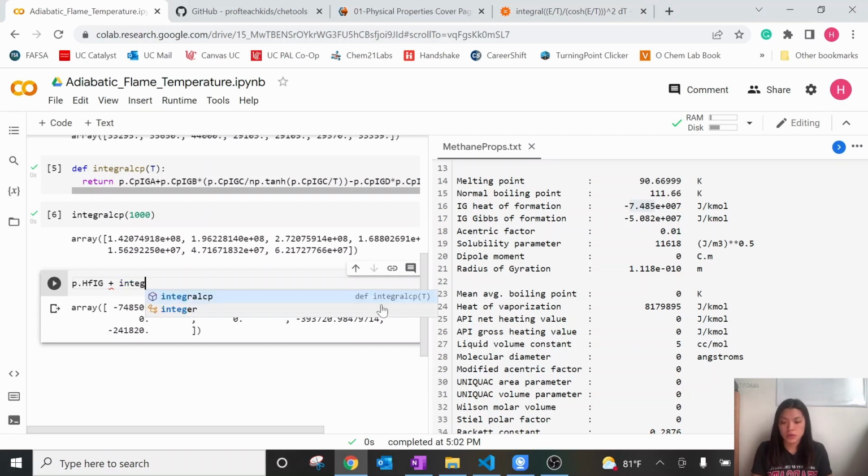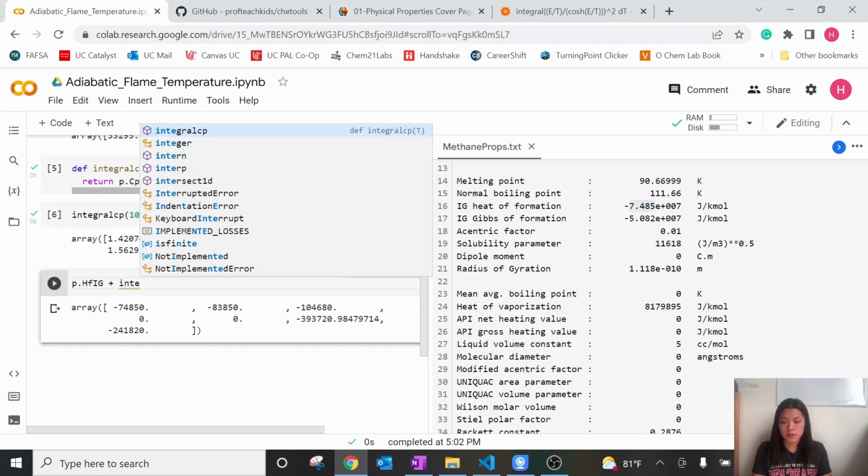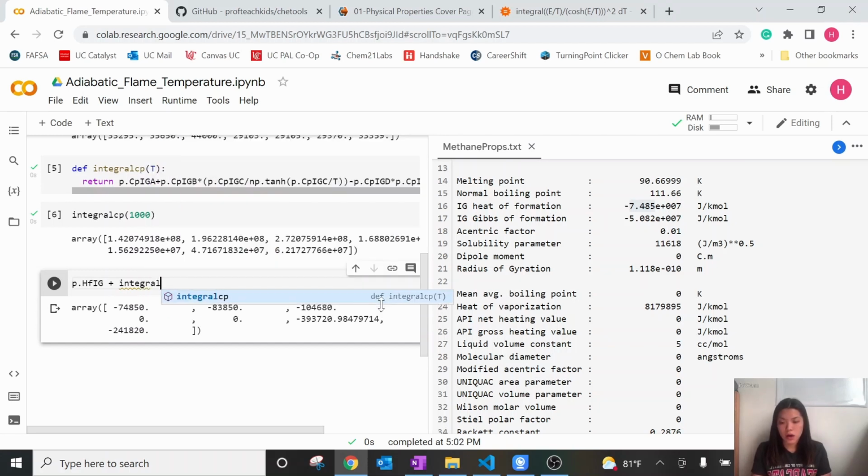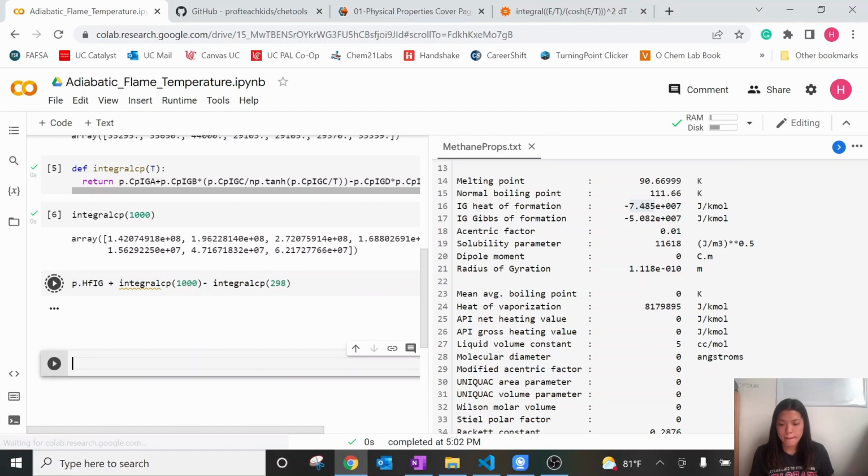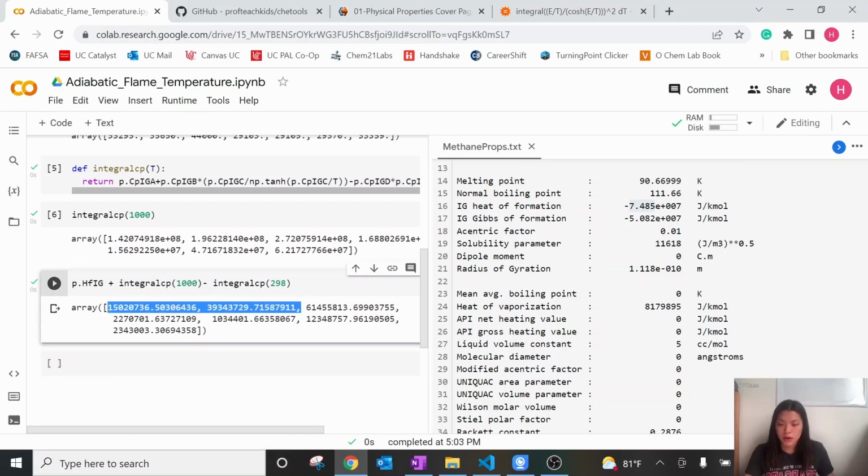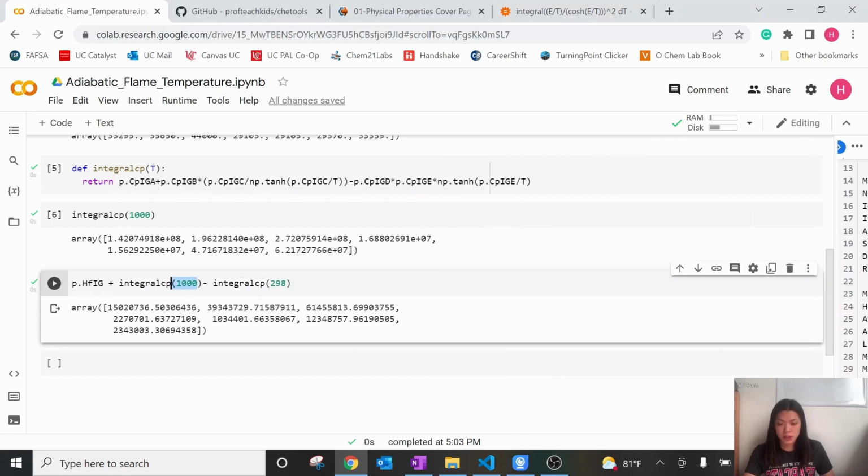So we'll do plus the difference between the integral of whatever temperature, right now we'll say 1000, minus the integral Cp at 298. And so these are the temperatures at the specified temperature here.